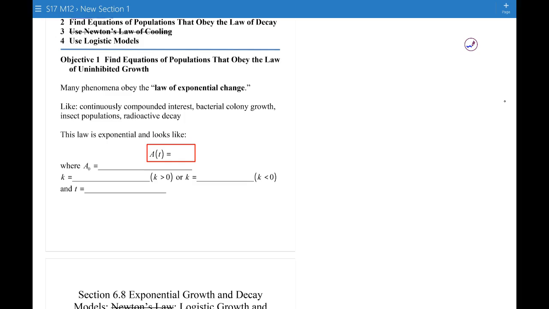It looks like A of t, so you're saying capital A of t, a function of time, equals capital A sub 0 e to the kt. So the k times t is in the exponent. A sub 0 is the beginning amount.